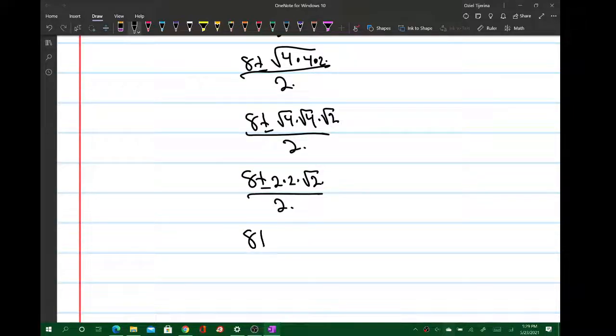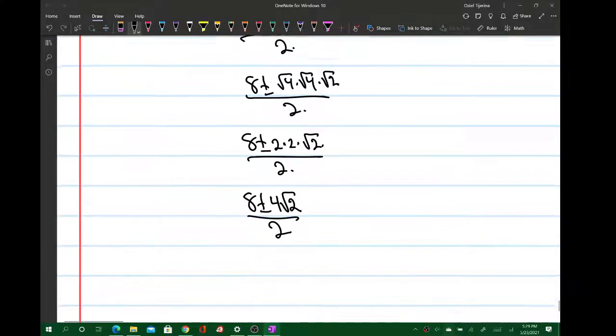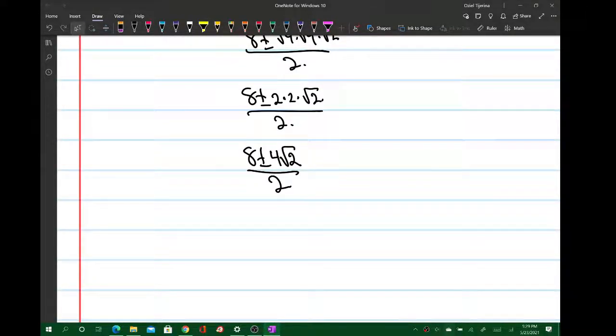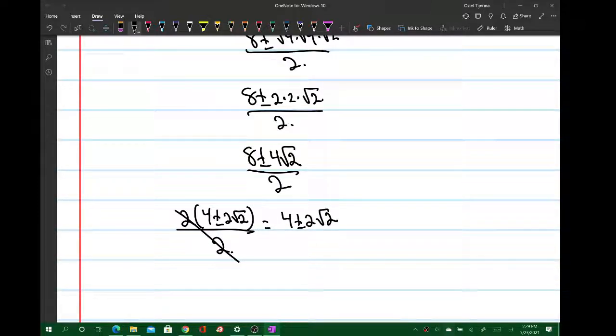And then it would be 8 plus or minus 4 square root 2 over 2. We can factor out a 2 from this. 2 times 4 plus or minus 2 square root 2 all over 2. We cancel this out. We get 4 plus or minus 2 square root 2. So u equals 4 plus 2 square root 2, and u equals 4 minus 2 square root 2.